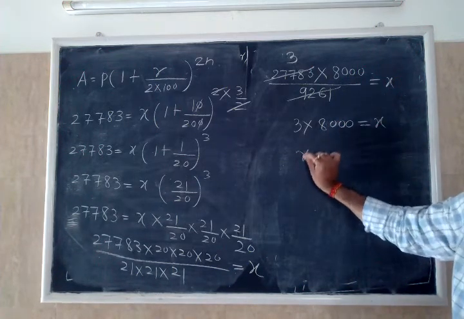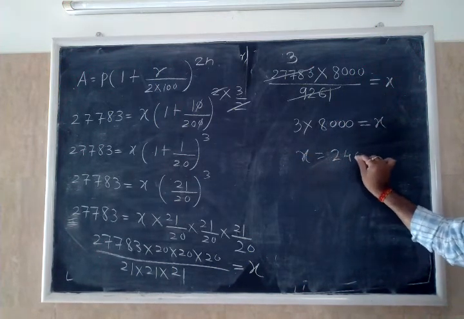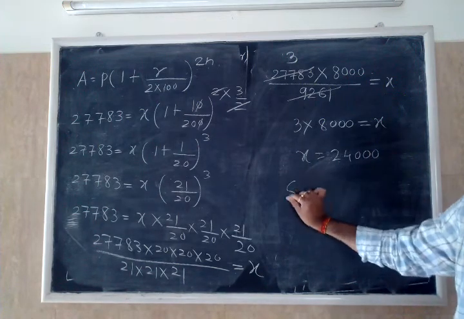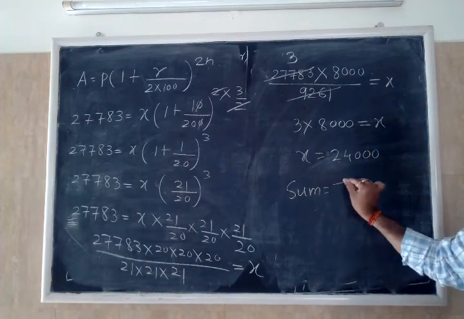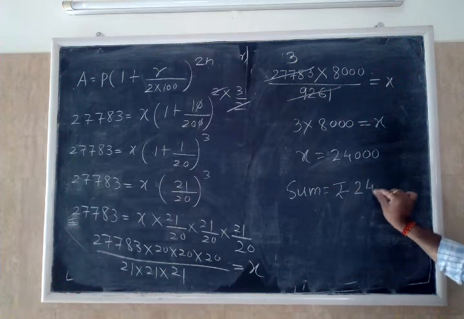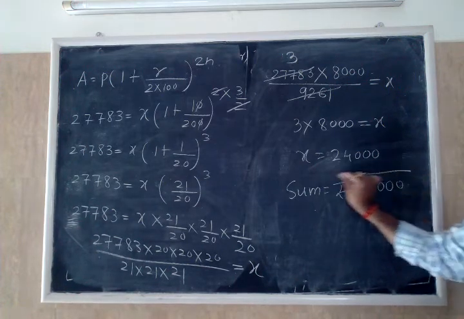So x is 24,000. So my sum is rupees 24,000.